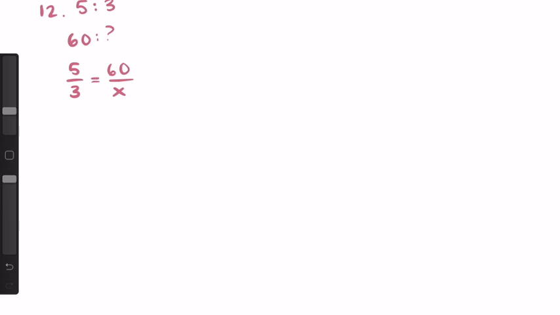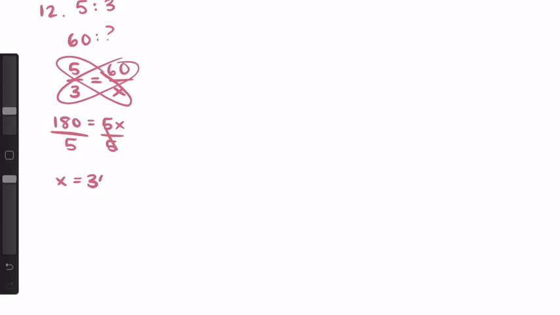So for this, you multiply across the equal sign, and it should kind of look like a butterfly or an X. So 60 times 3 is 180, equals 5 times x is 5x, and then you solve it like an equation. So divide by 5, and x equals 36. So that is my perimeter of the smaller one. You just have to make sure the 5 and the 60 are both numerators, and the 3 and then the smaller one would both be denominators. You have to keep them in the same order.